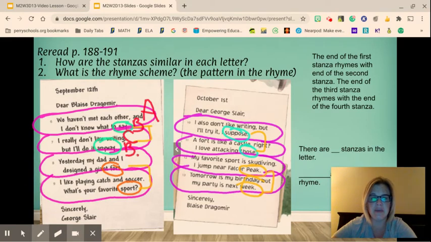This one is going to be D, and then E. And nothing rhymes with soccer, so that gets a new letter, F. But sport and fort rhyme, so that goes to E. So this rhyme scheme is A, B, C, B, D, E, F, E. So it kind of goes back to that second letter in each stanza.